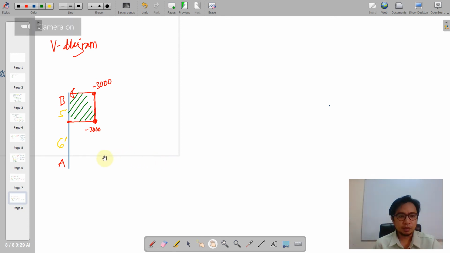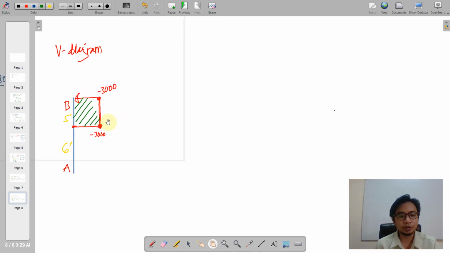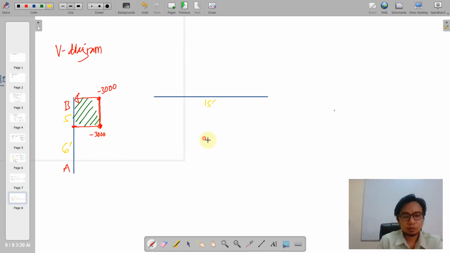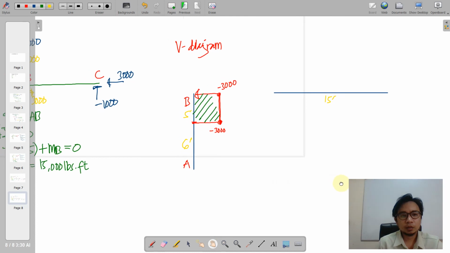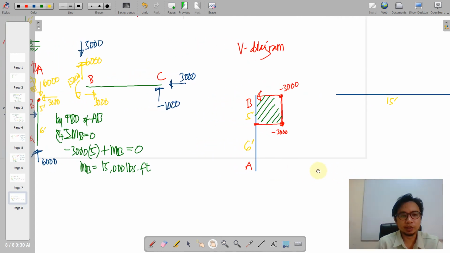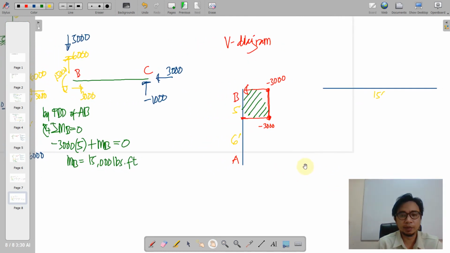So we have here the column labeled with your dimensions and the shear that was established. For the horizontal member, this is actually 15 feet. So we note the load diagram because that is our basis on that member BC here.